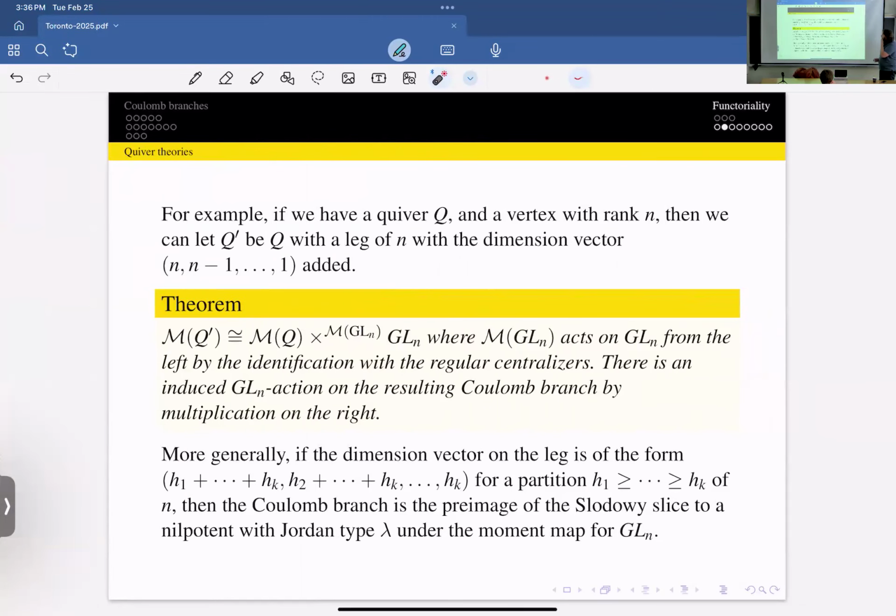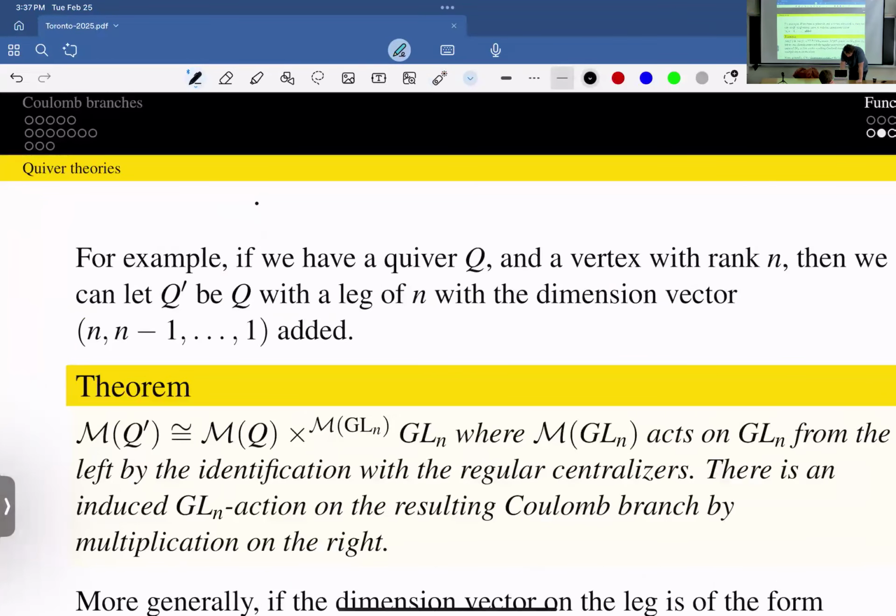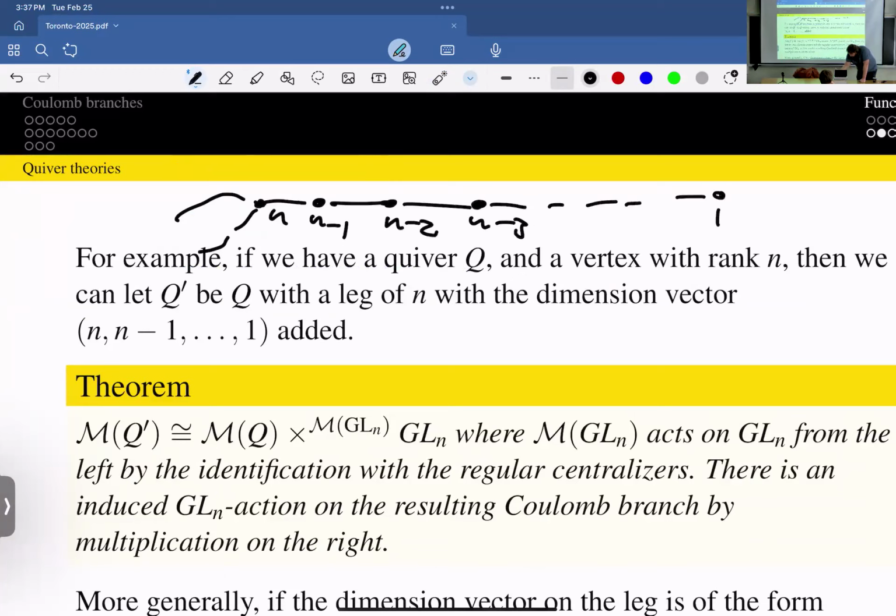So one particularly nice case is to think about having a graph, whatever's going on over here. Here I have an edge with label n, and then I want to think about sticking on a leg where I put n, n-1, n-2, n-3, etc., all the way down to 1.